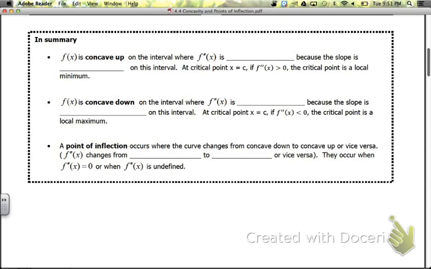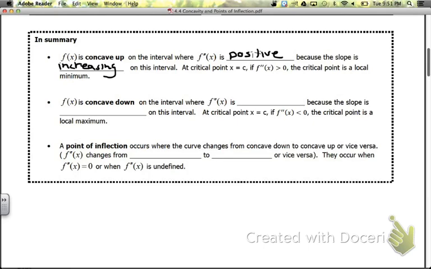So to sum that all up, f of x is concave up on the interval where f double prime of x is positive, because the slope is increasing on this interval. So at the critical point, x equals c, if f double prime of x is greater than 0, the critical point is a local minimum.